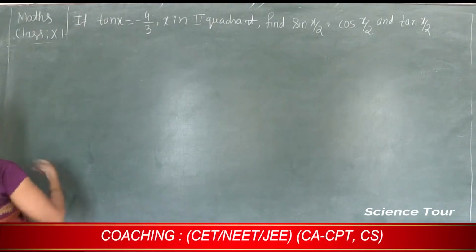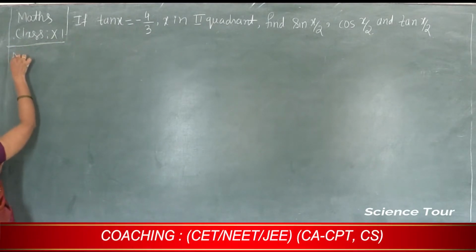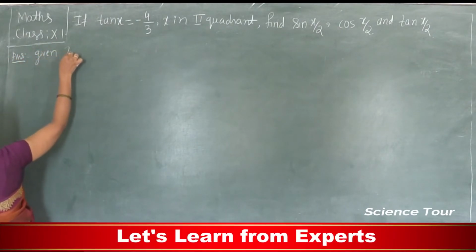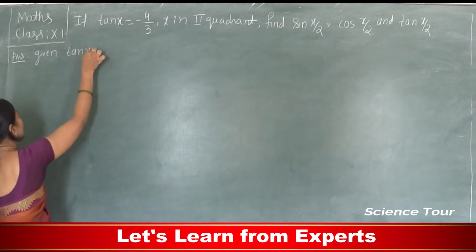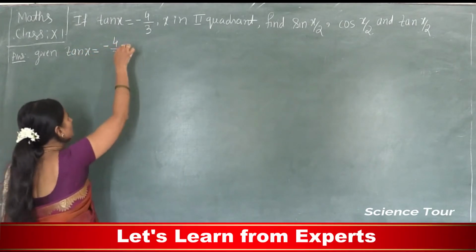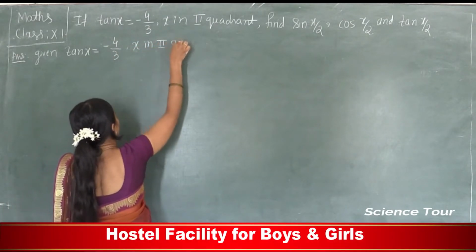So first, what is given? Given is tan x is equal to minus 4 divided by 3 and x in the second quadrant.